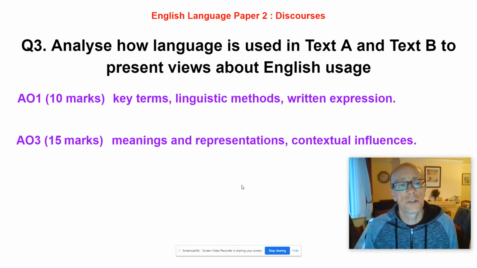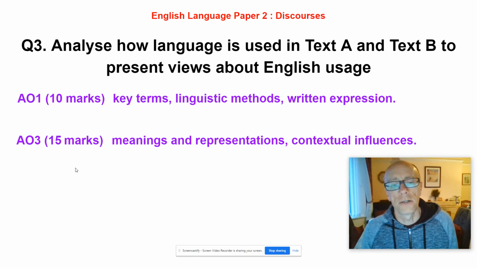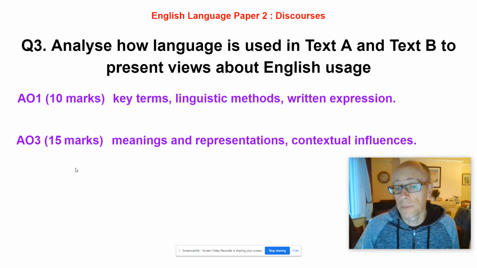Now your AO3 gets a higher mark, that's a mark out of 15, and that's all about meanings and representations, because the articles that you've got here, the most important things aren't really the style features. The most important things really are the ideas, aren't they? So AO3 is trying to assess how good are you at picking up the various meanings, which might be explicit or they might be implicit, going on in the texts.